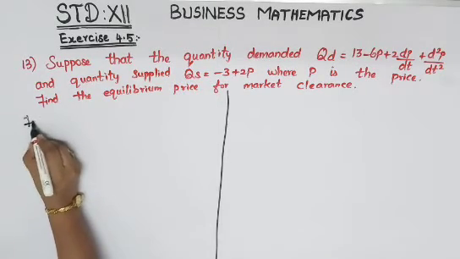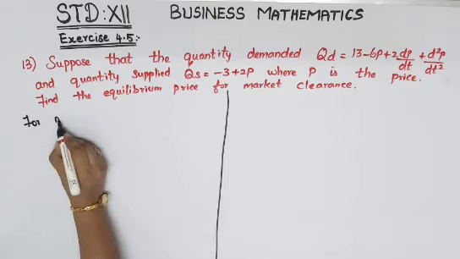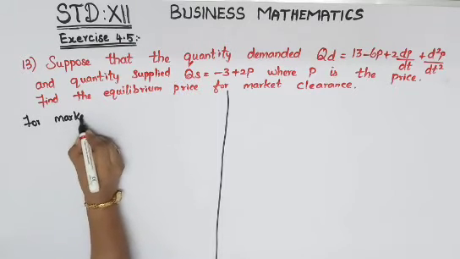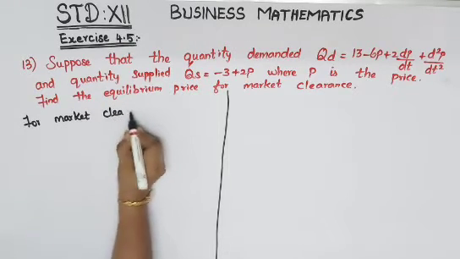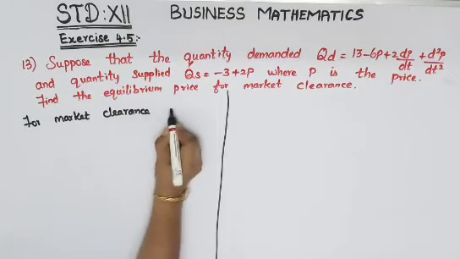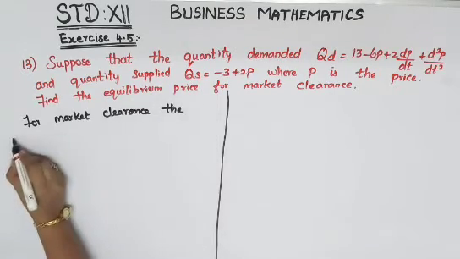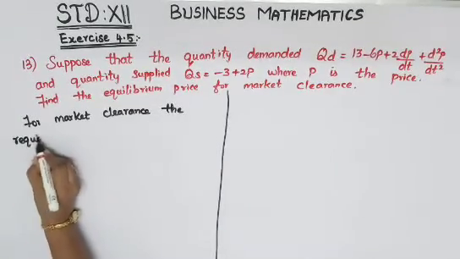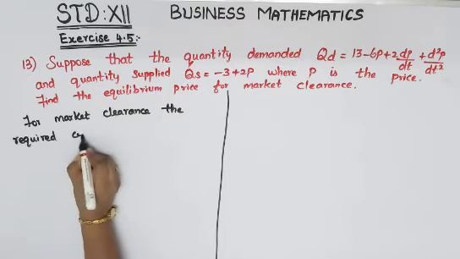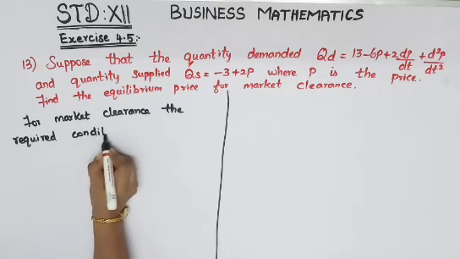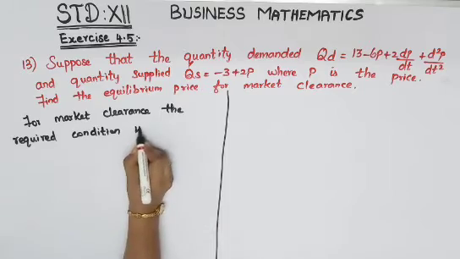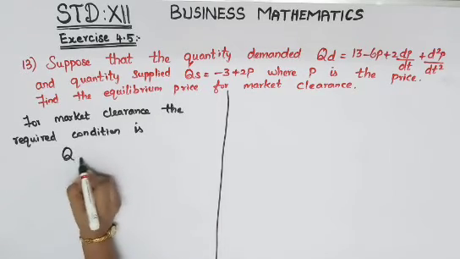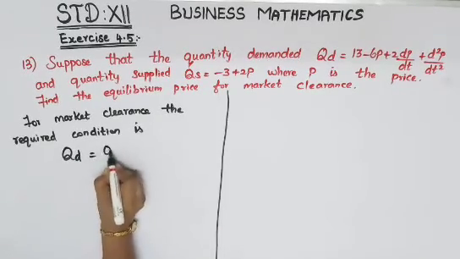For market clearance, the required condition is QD is equal to QS.